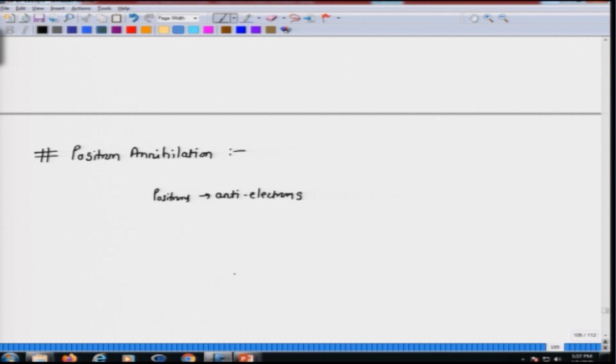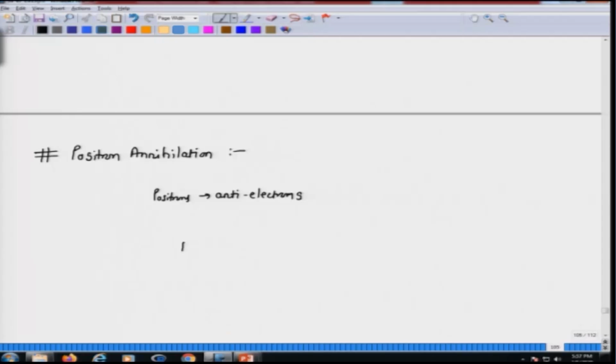So, what essentially is done in this technique is the piece of metal is kept close to a radioactive isotope. The most commonly used radioactive isotope is sodium 22. This emits gamma rays of energy about 1.12 mega electron volts and positrons.